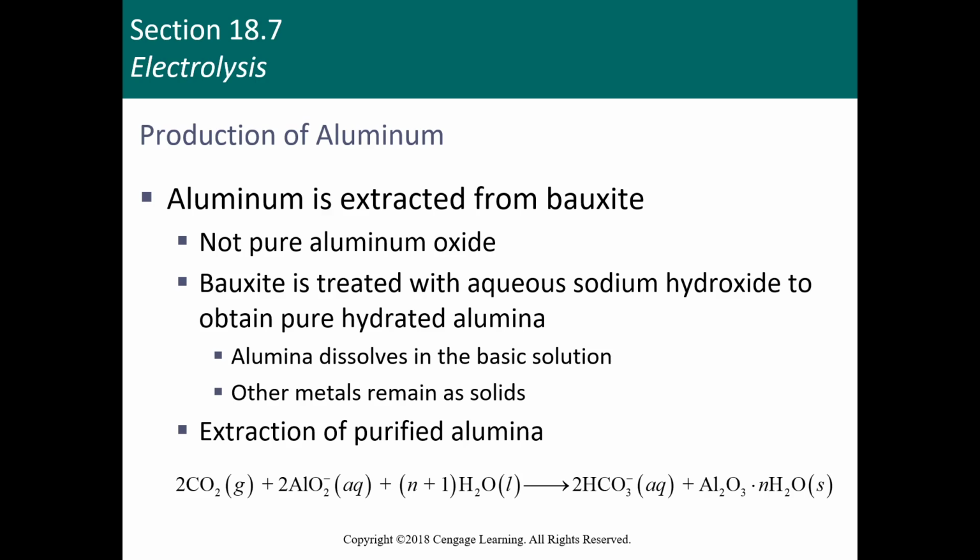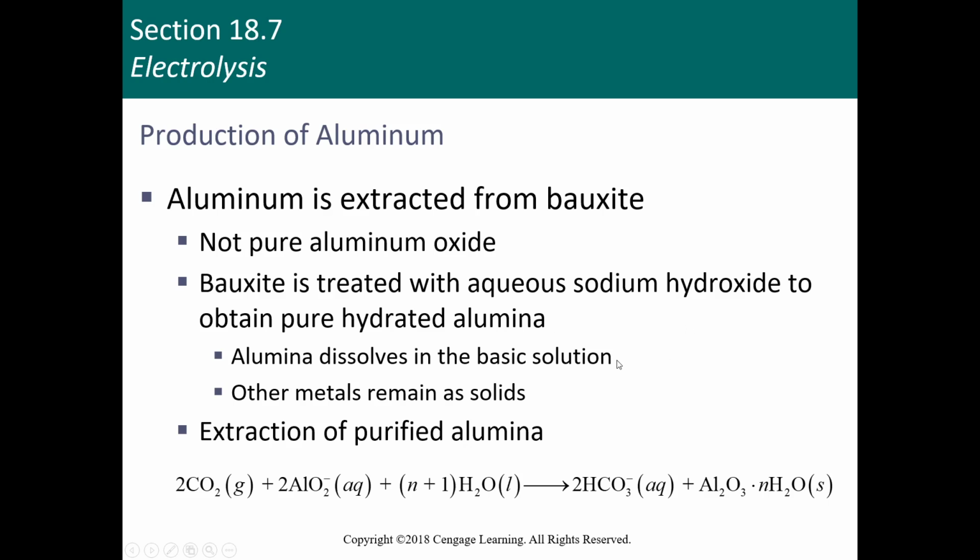So this bauxite that you extract aluminum from is not pure aluminum oxide. The bauxite is treated with aqueous sodium hydroxide to obtain pure hydrated alumina, which, by the way, is ironically done in Greece because it produces nasty byproducts.